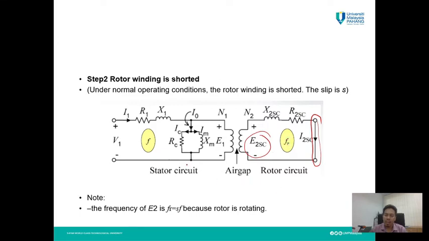It means that FR equal to SF. This one is F1, the supply frequency. So the frequency in the rotor is equal to FR, and FR equal to SF.